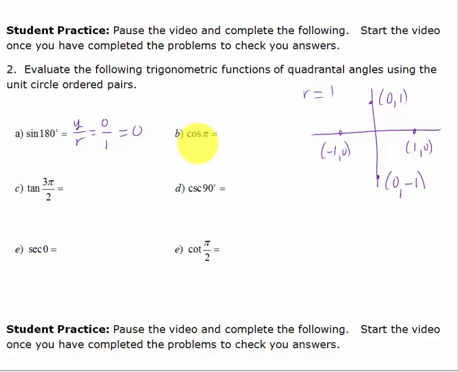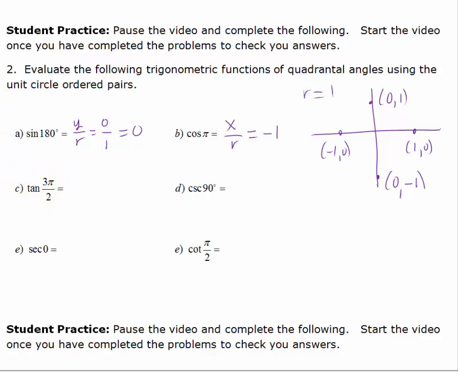I'd like to do the cosine of pi. I'm still using the same ordered pair. The ordered pair is (-1, 0). Cosine is x over r, which is going to be -1 over 1, which would just be -1.